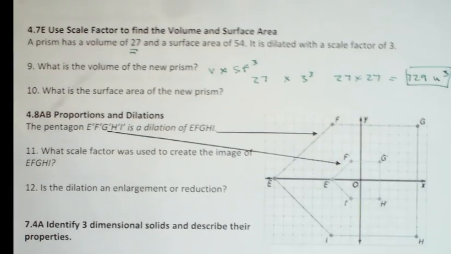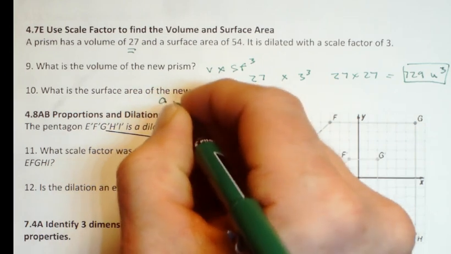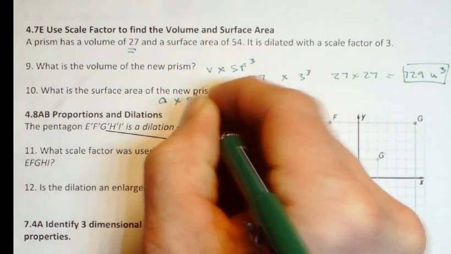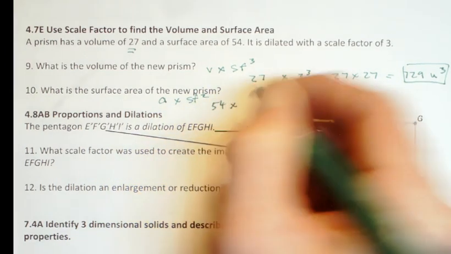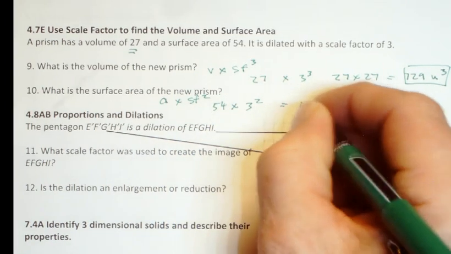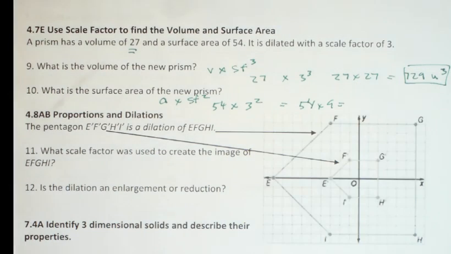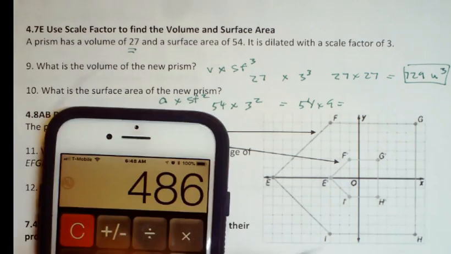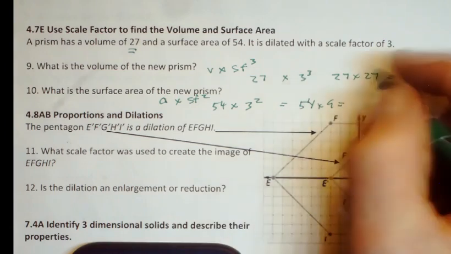All right, what is the surface area of the new prism? Well, that's an area type of thing, so we can just take the original area times the scale factor squared. So the original area is 54. If we take that times the scale factor, which is 3 squared, that's really the same as 54 times 9. 54 times 9 is 486.